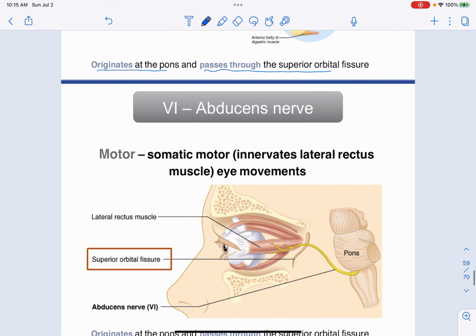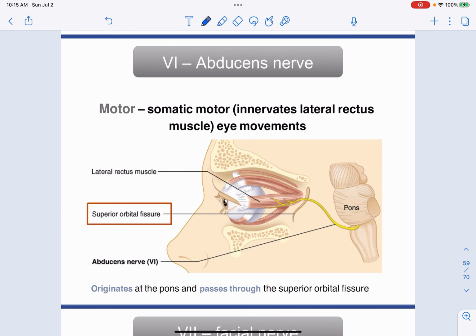The 6th cranial nerve is called the abducens nerve. This is a motor nerve, and it has somatic motor information running through it. It is also going to innervate one of the eye muscles. There are a lot of eye muscles that help our eye move in various directions. Again, I don't need you to know what muscle per se it's innervating. We'll come back to those muscles and what they do when we talk about vision, but just that it's involved in eye movement and eye muscles.